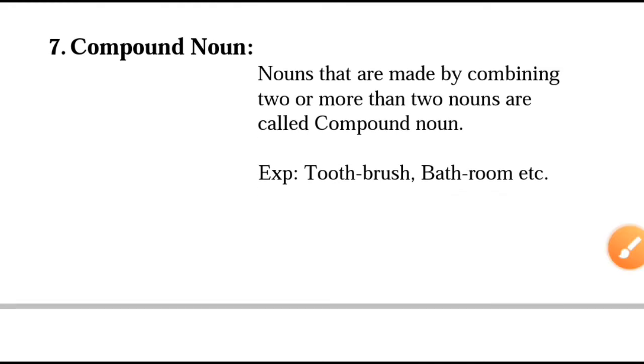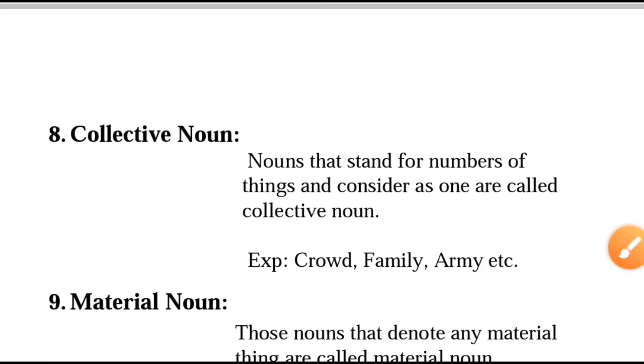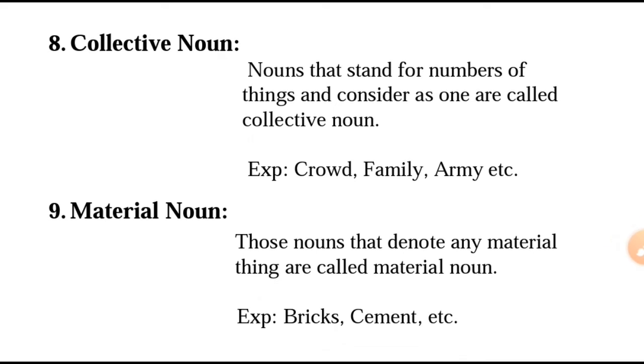So let's move to the eighth kind of noun, which is collective noun. A collective noun stands for a number of things and is considered as one. Those nouns stand for a number of things but you consider them as one, which means there are a lot of members but the name is only one.